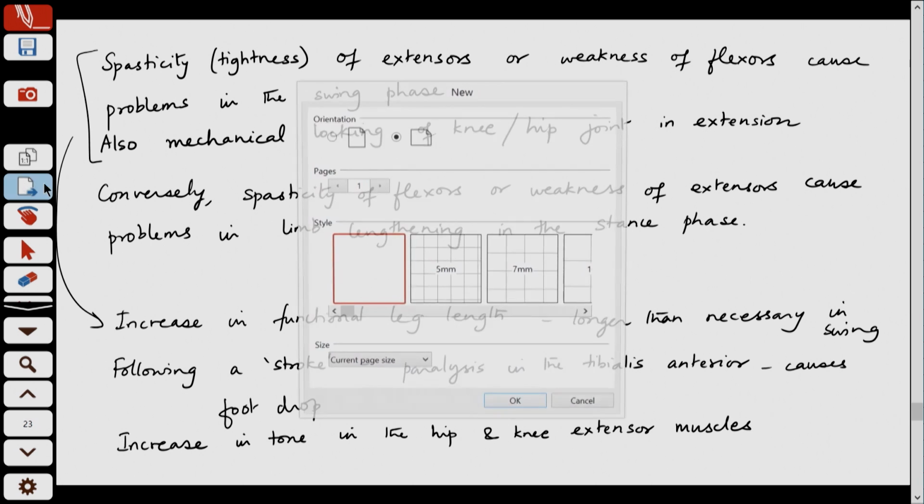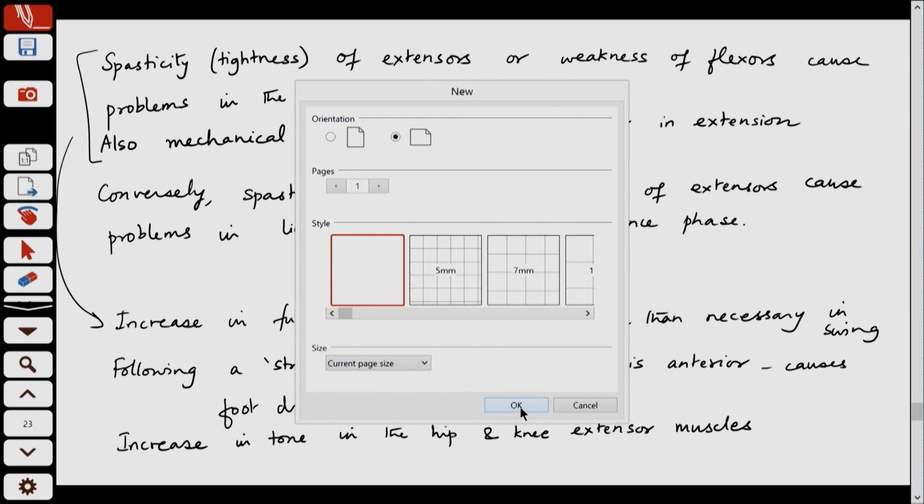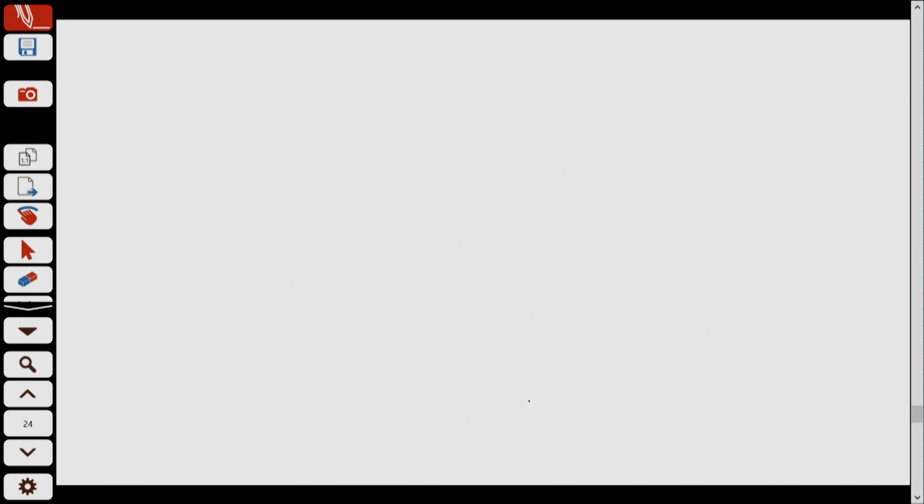So, a person with this kind of an issue may choose different strategies for compensation. Okay. So, two people with the same clinical condition may actually adopt different strategies for their gait. Okay.